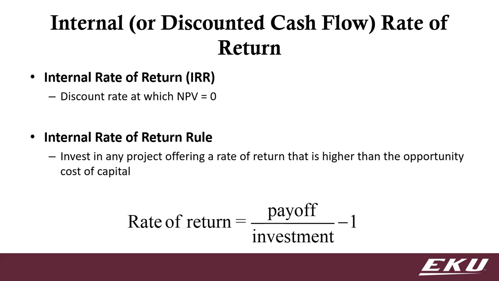Now, if it were already negative, we know that we don't want to do a negative NPV project because that's going to destroy value for the shareholders, right? But as far as any positive NPV project, we know that there would be some interest rate where that NPV would fall to 0, and that's the IRR.